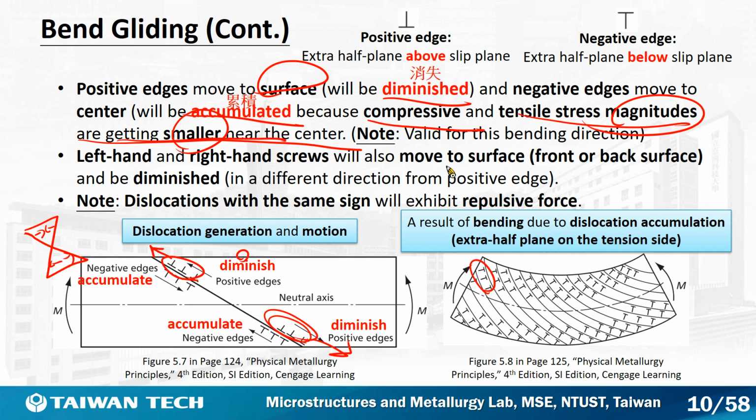They will also move to the surface. But the surface is different from the positive edge. And this is what we said. Why will this edge dislocation accumulate near the center? Because dislocations with the same sign will experience repulsive force. So based on the result here, you will see that all of them are negative edge dislocations.